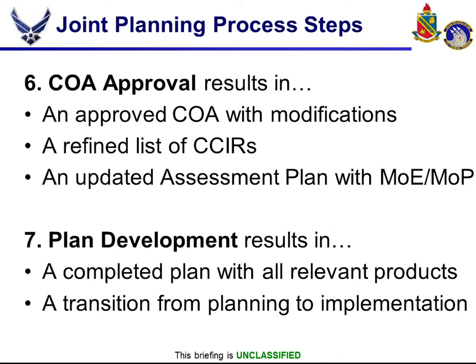Measures of effectiveness, or MOEs, are about whether you're doing the right things, and measures of performance, or MOPs, is about whether you are doing those things well. And the seventh step is developing the plan, completing the plan with all of the products, orders, published, maps, everything else that's needed for the organization to implement the plan. And then you will transition from a planning mindset to an implementation mindset.